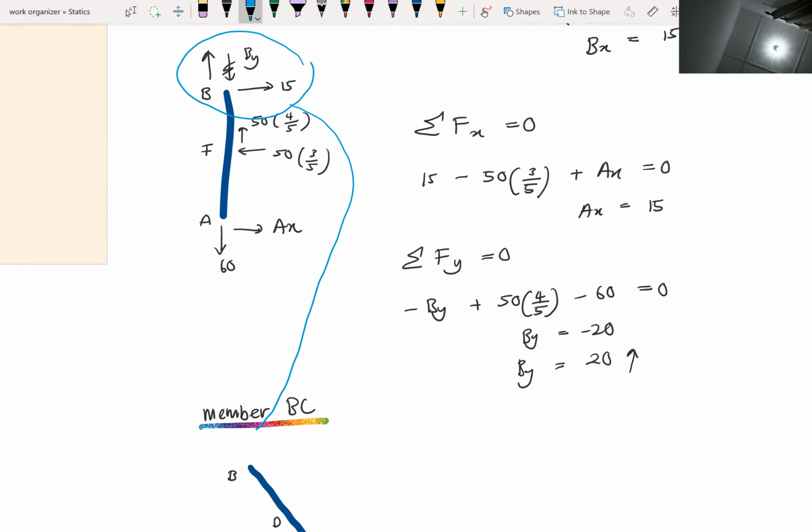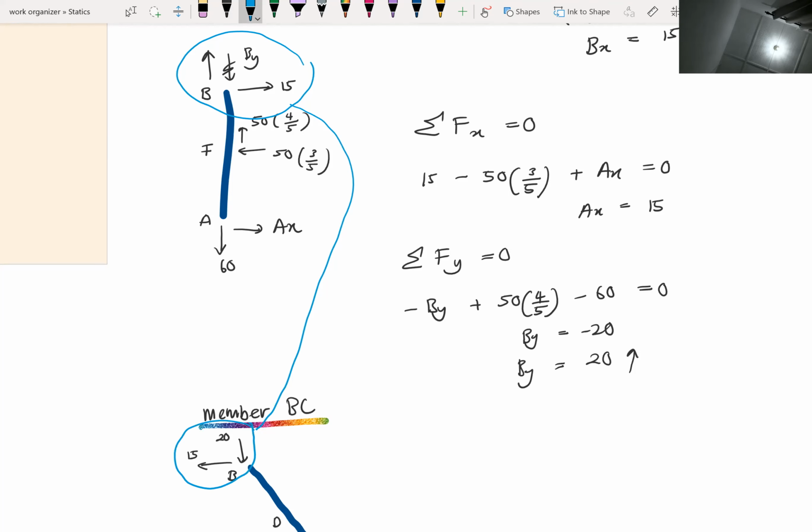So this one will be downward, and then the value is 20, and then for the horizontal, maybe to the left, the value is 15.